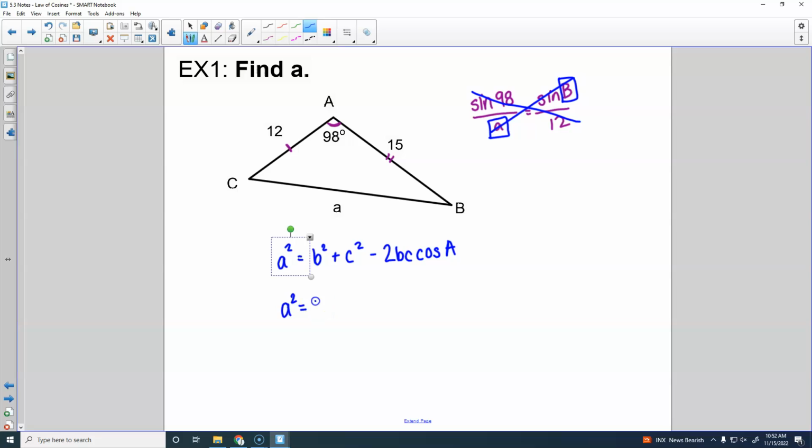B would be 12. And then we got C squared. C is 15. Minus 2 times B is 12, C is 15, and then we got cosine of 98.